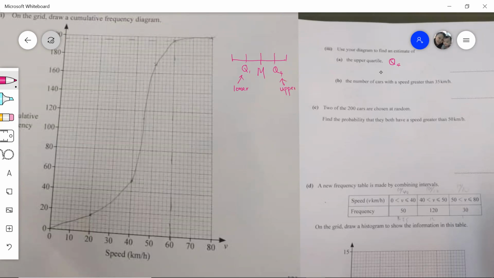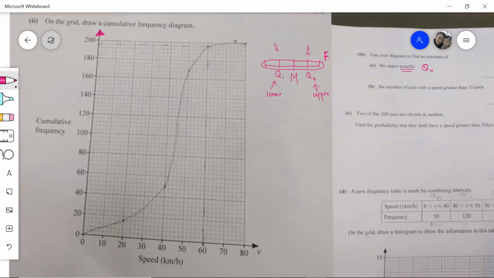The word quartile comes from the word quadrant. So that means the first 1/4, and then the last 1/4 means it's 3/4 of your total data, that is, your total frequency. Your cumulative frequency is the value shown on the y-axis. Look at the last y value, which is 200.